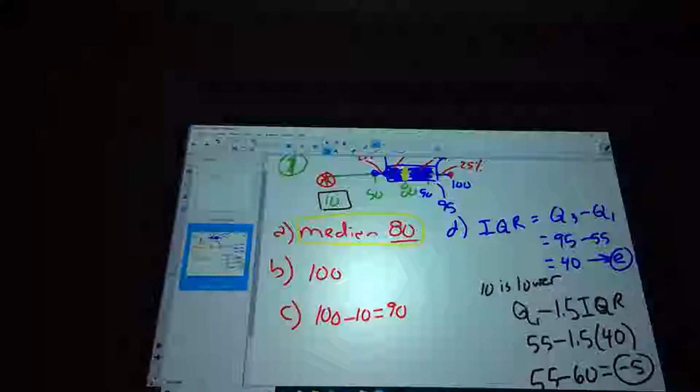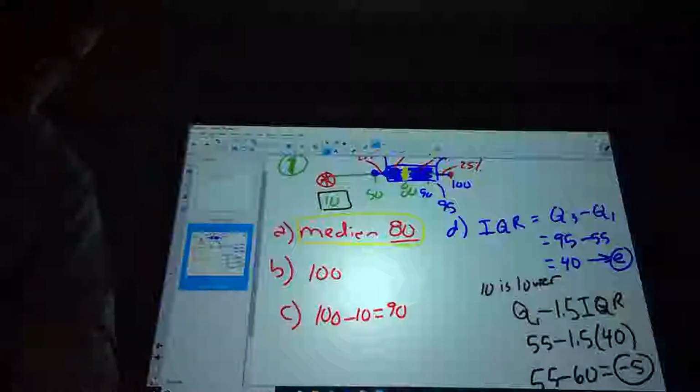Does it land to the left of 10 or to the right of 10? To the left. So is 10 an outlier? No, I need something less than negative 5. I need like negative 6, negative 7, negative 8, negative 9, negative 10, something like that. So 10 is not an outlier with our data. Okay? Even though it's kind of far outside and it's kind of far out of our whiskers, it's not something that's such a far out outlier that we have to write it off.